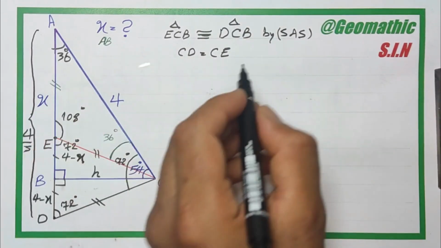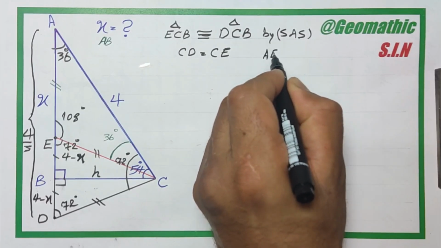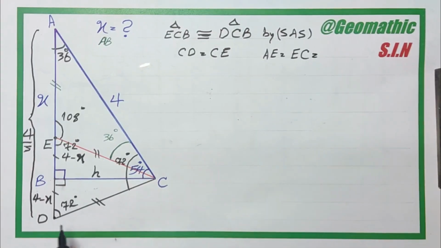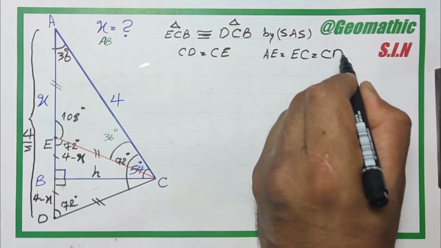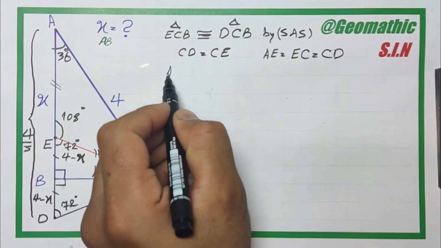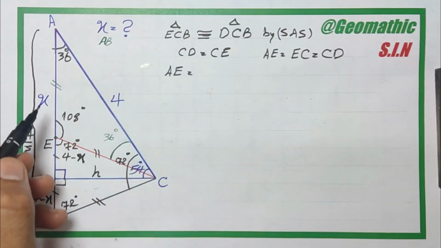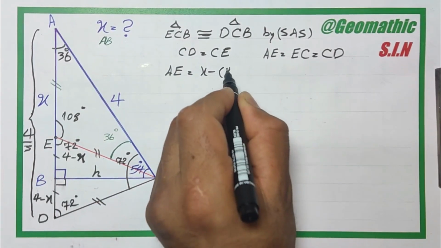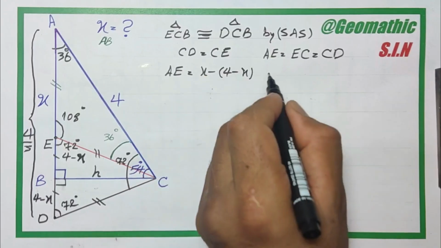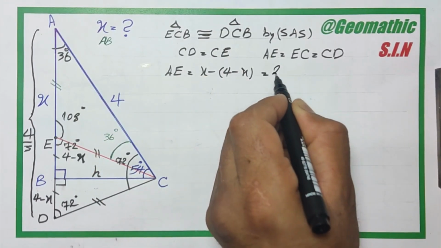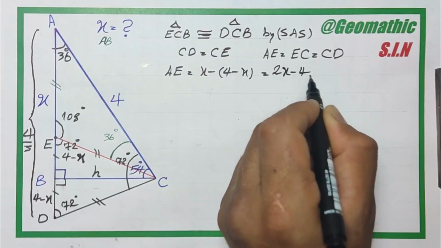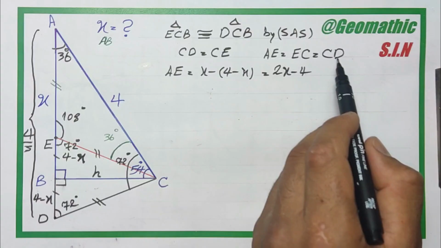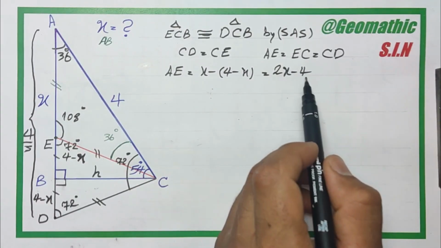I write that AE equals EC equals CD, and AE equals X minus (4 minus X), or AE equals 2X minus 4.